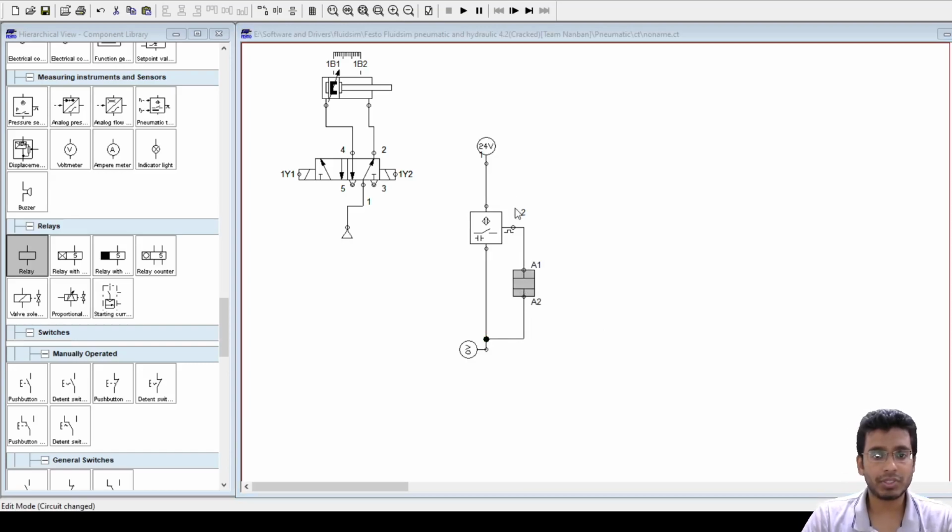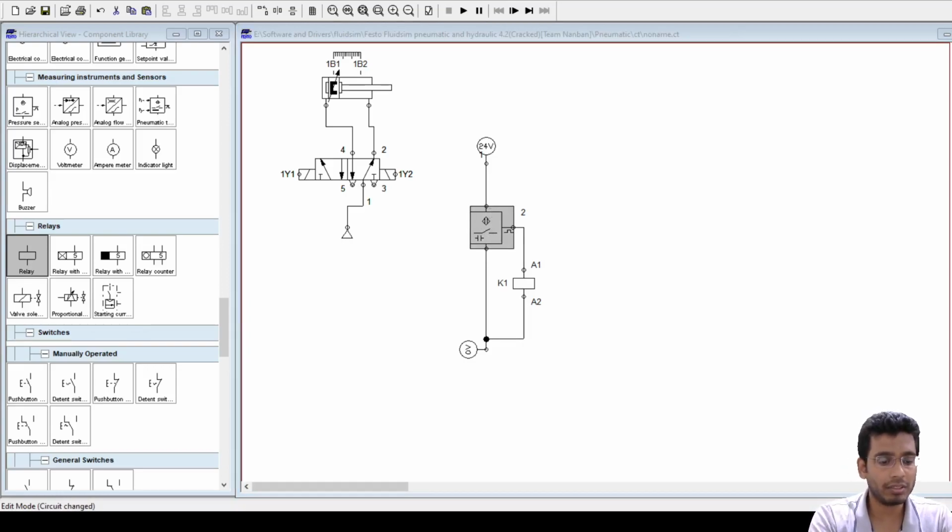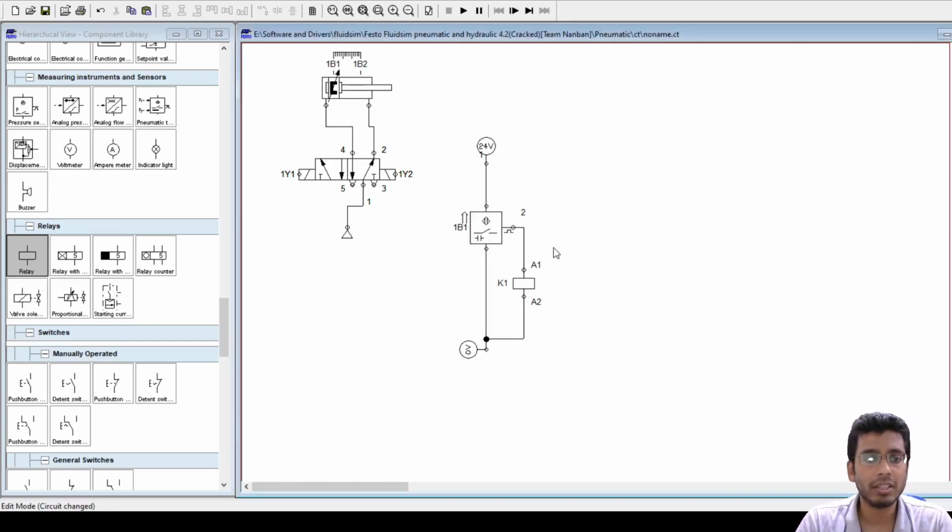Fine, this is the first relay, so I'll name it K1. And then similarly this sensor would be labeled as 1B1, right?